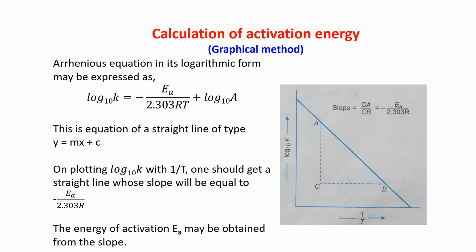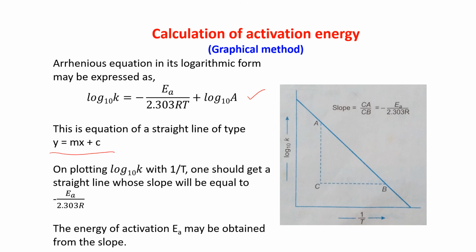Calculation of energy of activation through the graphical method. The Arrhenius equation in its logarithmic form, as we saw in the last slide, is log10 K equal to minus Ea by 2.303 RT plus log10 A. This is an equation of the form y equals mx plus c, so it is a straight line graph.